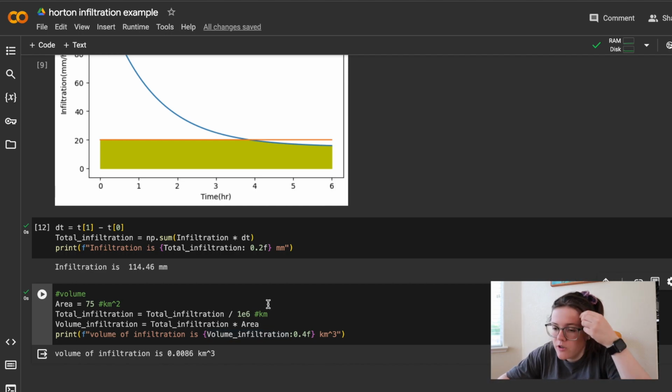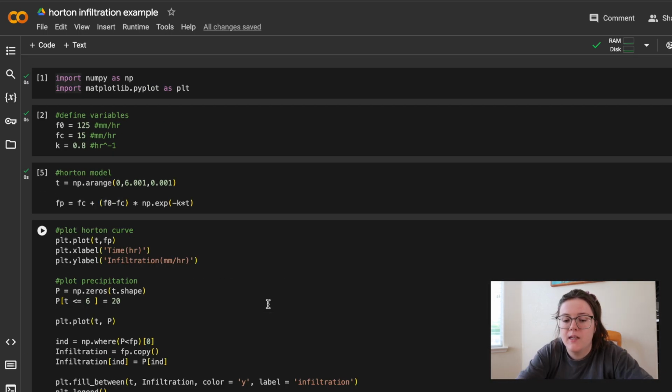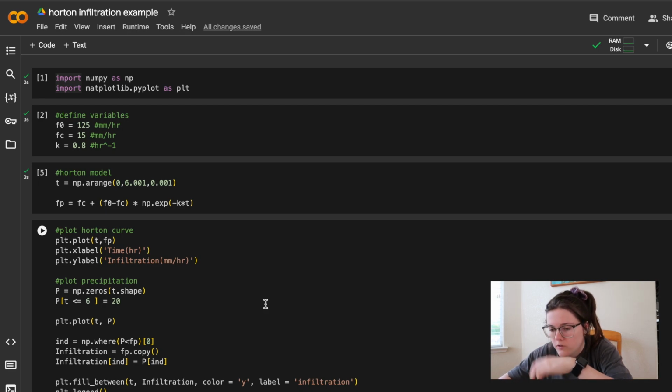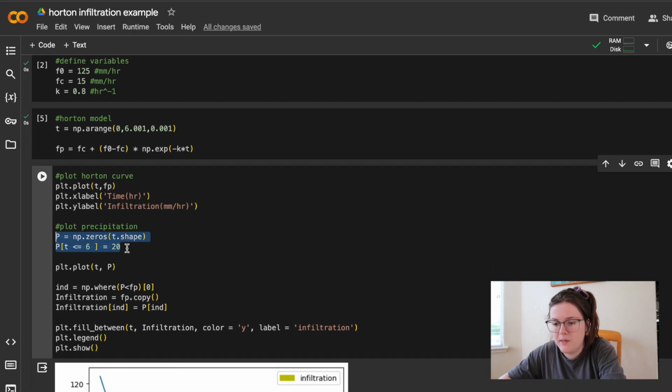Now, let me show you if we had the more complicated situation. If we remember, I won't pull it back up, but part B of the example was for the first 3 hours, we have 30 millimeters per hour. And then for the next 3 hours, we have an 18 millimeters per hour rainstorm. So if we want to adjust that, we'll scroll up here to this part where we define our P array.